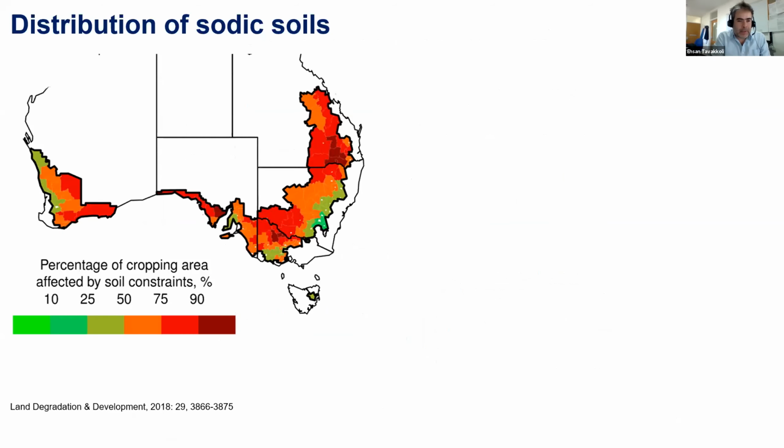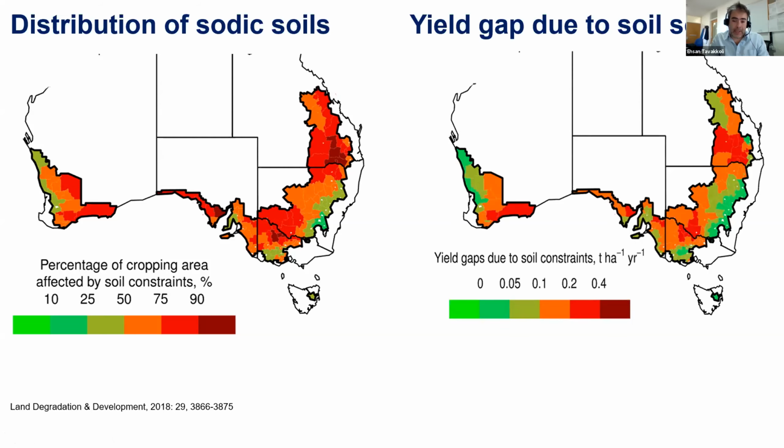So if I want to quickly talk about the distribution of sodic soils in Australia, of course, there is a wide range of cropping systems all the way from the northern region to the southern region and western region that have this problem of sodic subsoil or topsoil. And then in terms of the grains industry, the yield gap associated with soil constraints is basically anywhere from 0, where there is no problem, up to 0.4 ton per hectare per year.